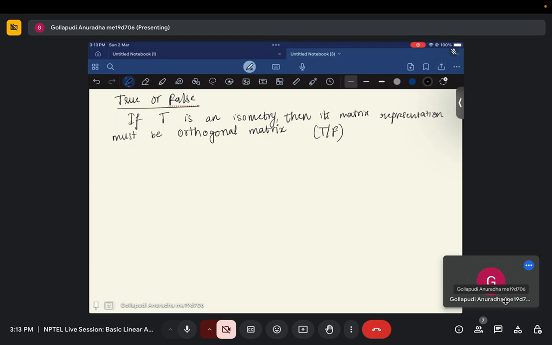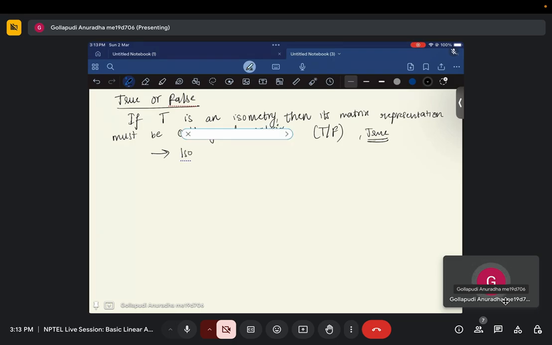What do you think? Is it true or false? Ma'am, I think it is true. Yeah, so why do you think it is true? Okay, I think an orthogonal matrix may preserve angles.